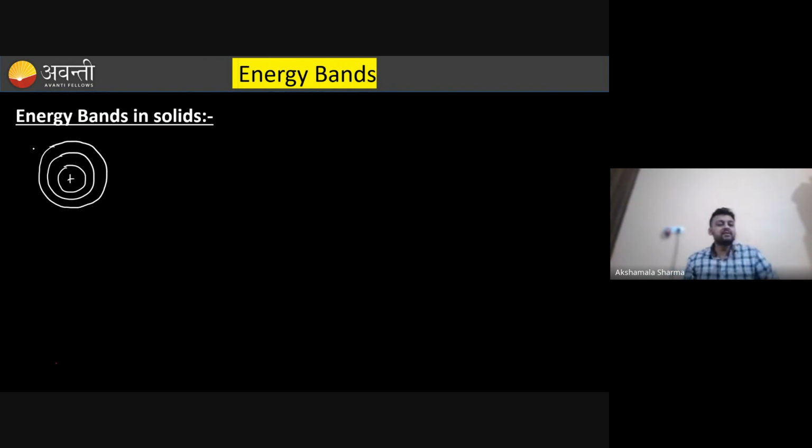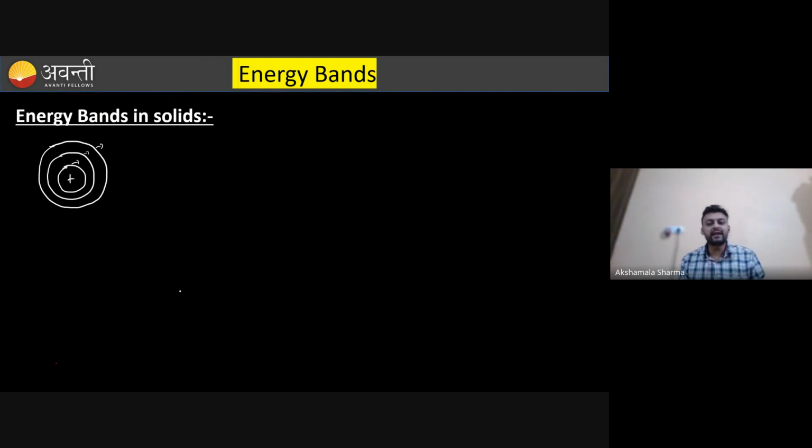Now the electrons are revolving in these orbits, and each of these orbits, like this one and this one, has different energies. If the electron is in this first orbit, it has some energy.